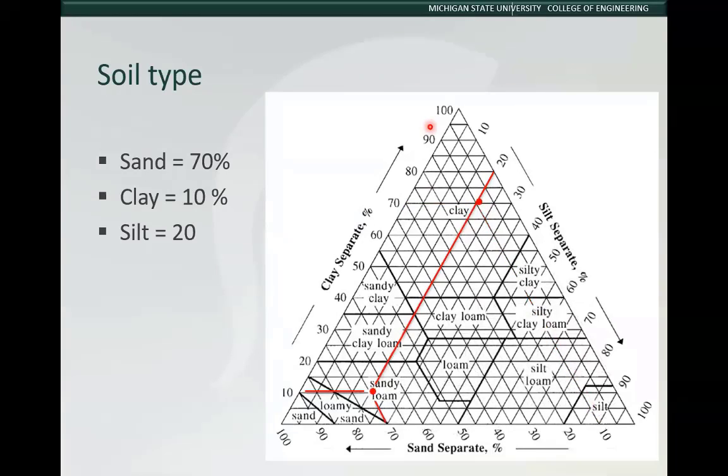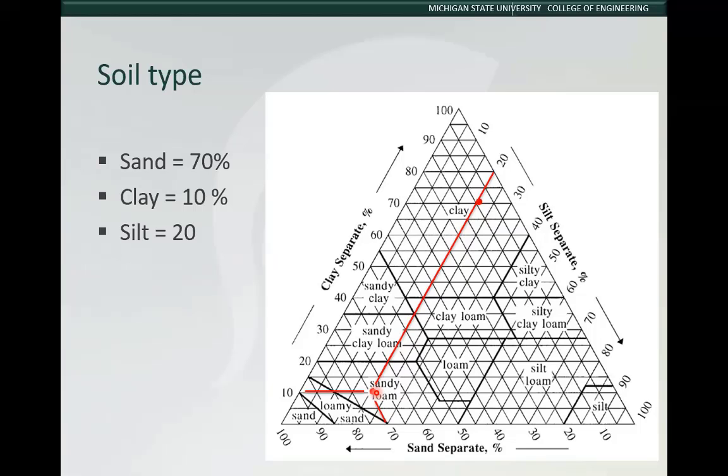And the third type here, you have 70% sand. You have 10% clay and 20% silt, and this is a sandy loam. So depending on the percentage of these three types of soil materials, you can then determine your soil type.